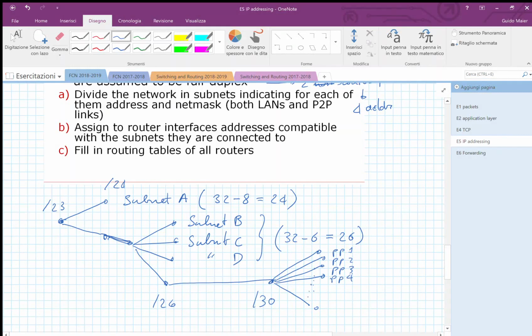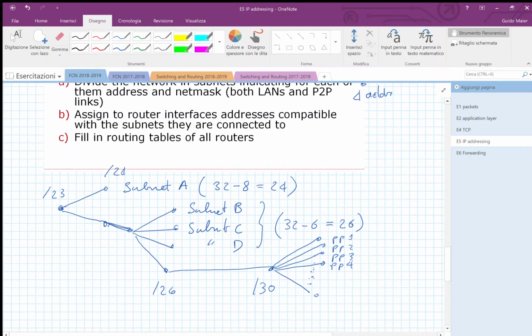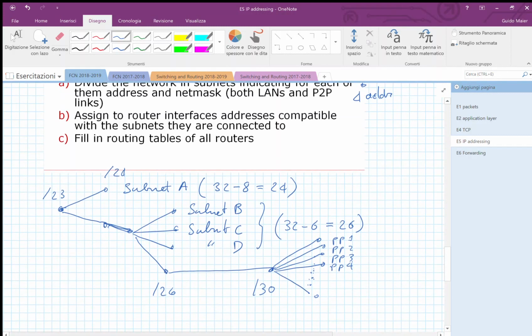However, here we have created how many subnets? We have increased the network prefix by 4 bits. So the number of subnets that we have created is 2 to the 4.